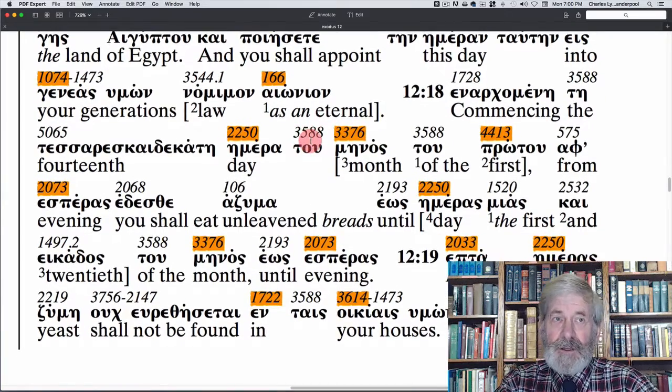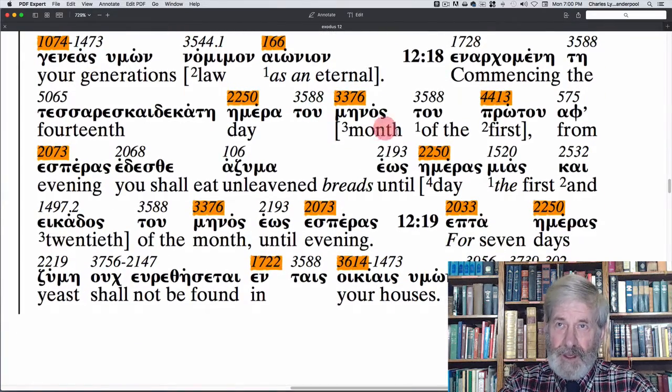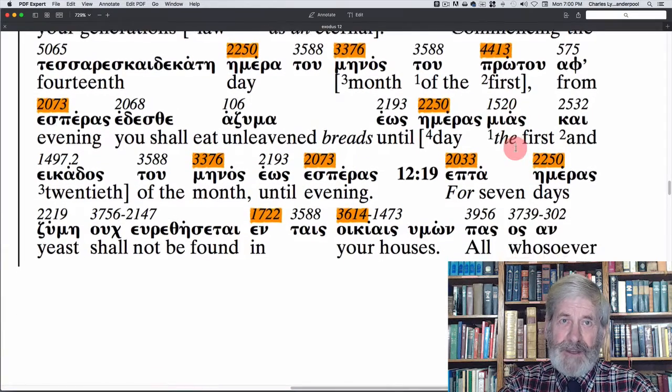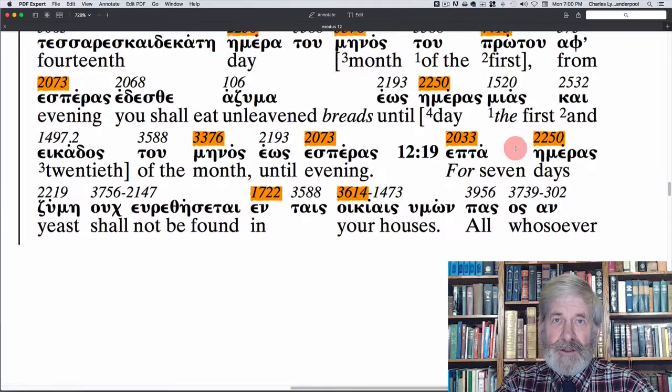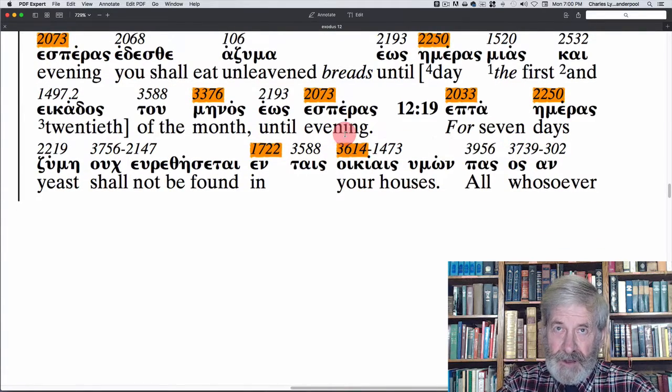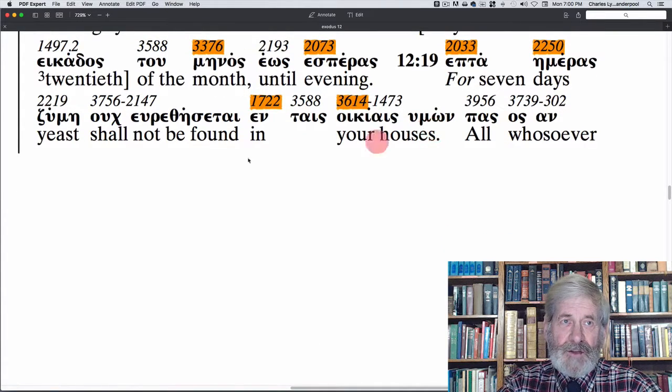And it's commencing the 14th day of the first month. From evening you shall eat unleavened breads until the 21st day of the month, until evening. Vespers comes from that, the evening services in the liturgy. For seven days yeast shall not be found in your houses.